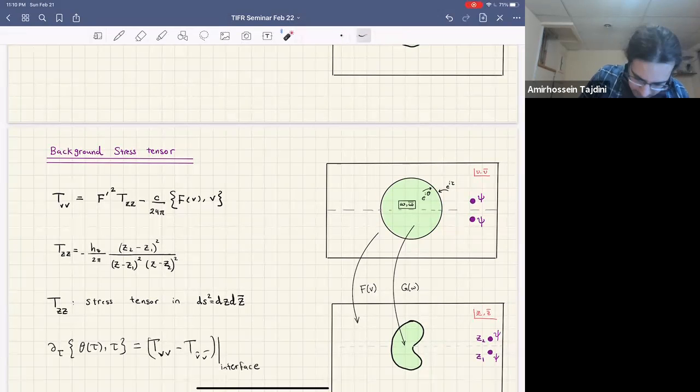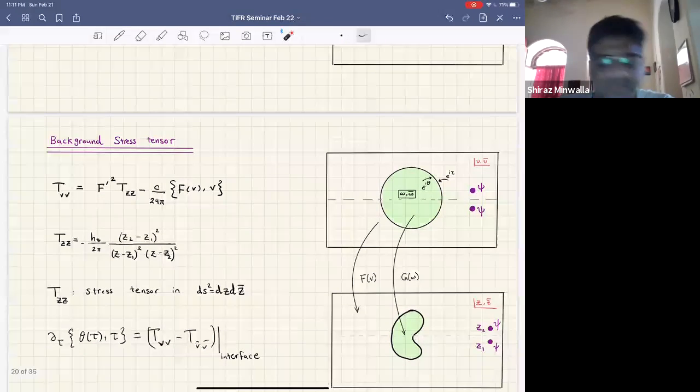In this final equation, the variable will be this theta of tau, but the stress tensor which goes into this equation will depend on this function F, and it will depend on whatever source we're going to have in this plane. So that's kind of what will happen. Thank you. I understand now.